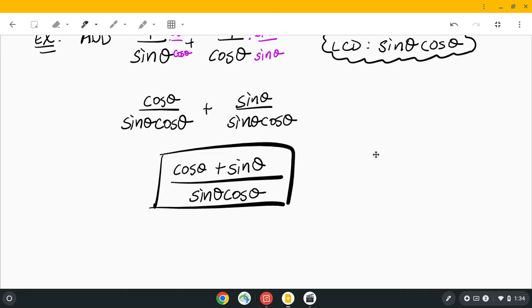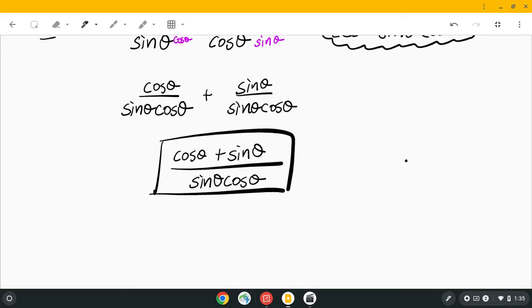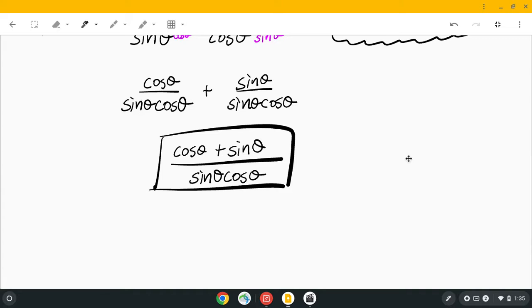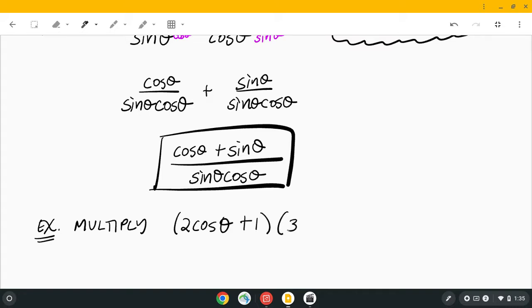Okay? And let's take a look at multiplying. Suppose you have to multiply this binomial, 2 cosine theta plus 1 times 3 cosine theta minus 2.